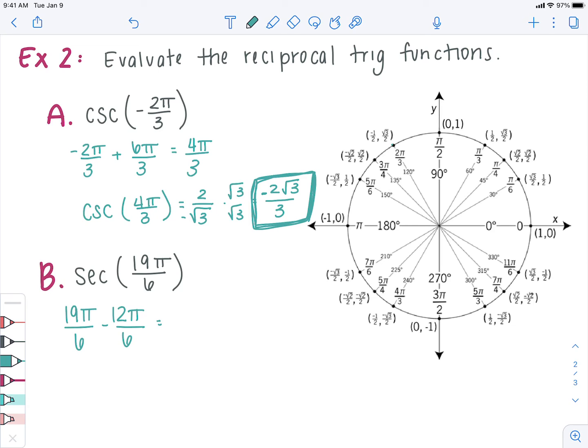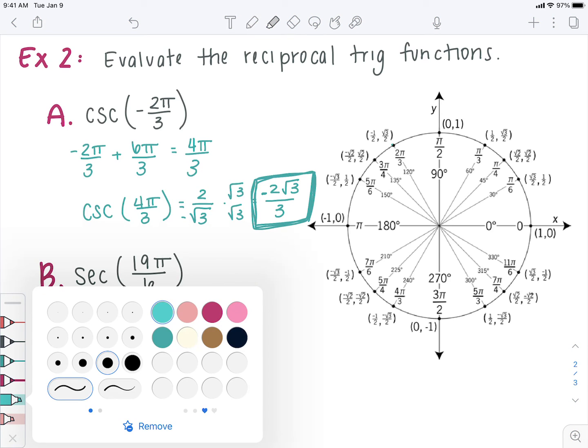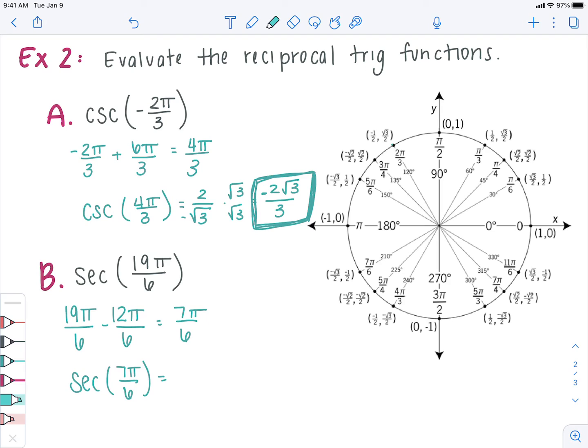When we do that, 19 minus 12 gives us 7 pi over 6. So we're really finding the secant of 7 pi over 6. So we go and find 7 pi over 6, here it is.